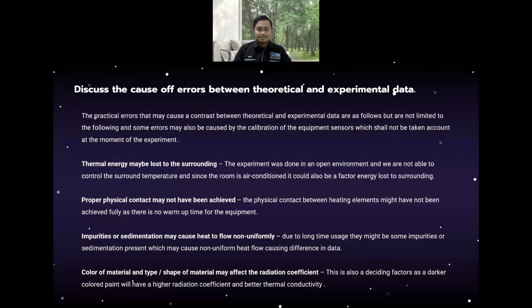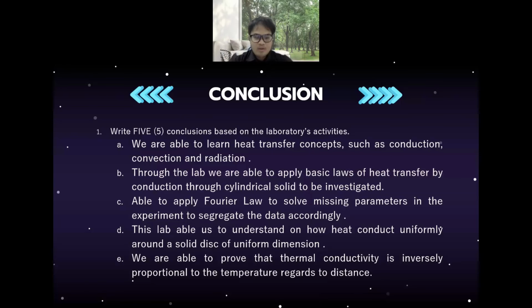For the conclusion, we have concluded what we learned based on the laboratory activities. First, we are able to learn heat transfer concepts such as conduction, convection, and radiation. Second, through the lab, we are able to apply the basic law of heat transfer by conducting through a cylindrical solid to be investigated.